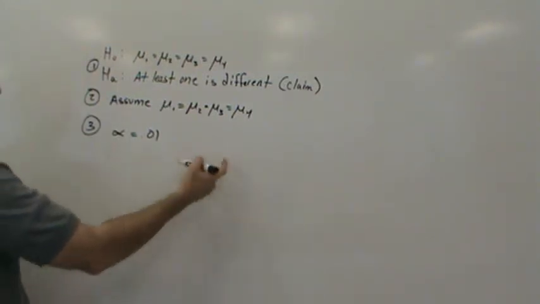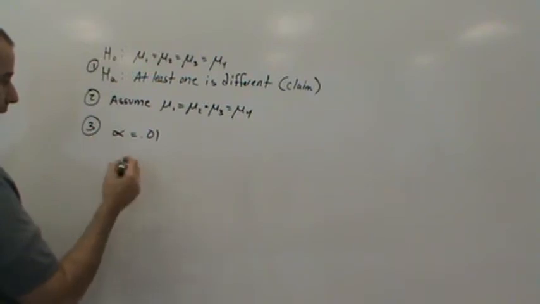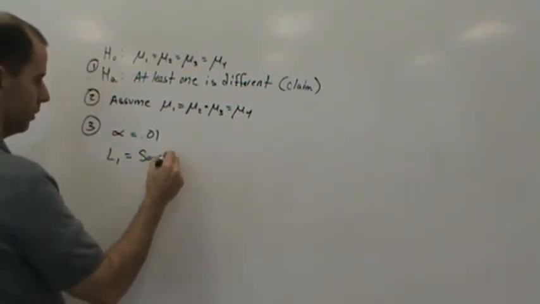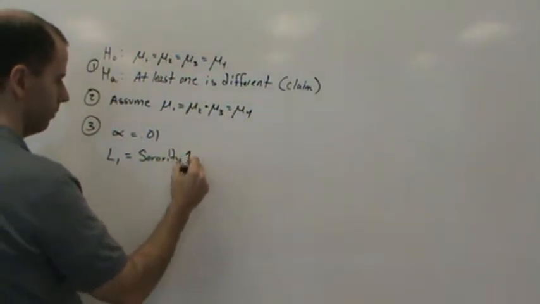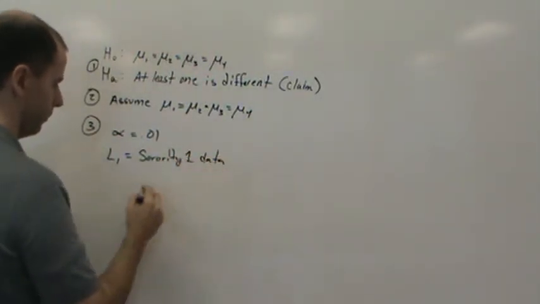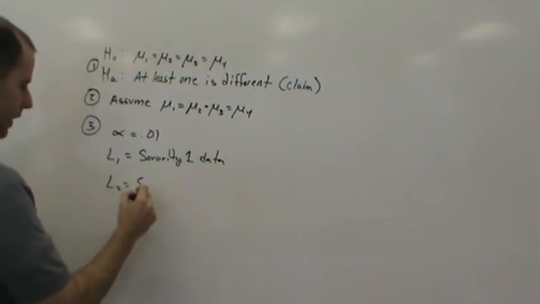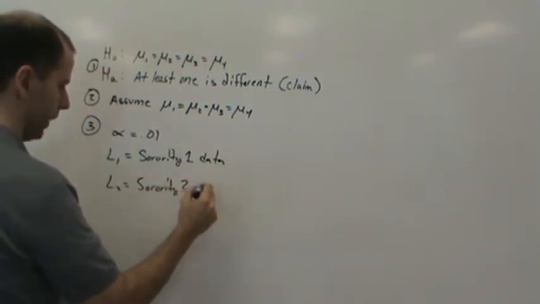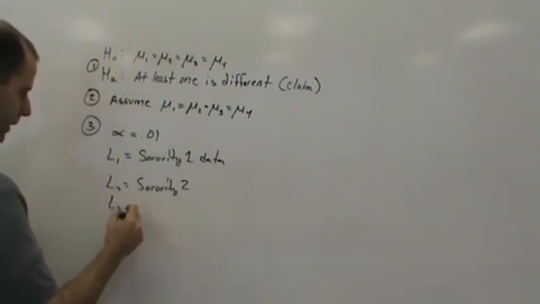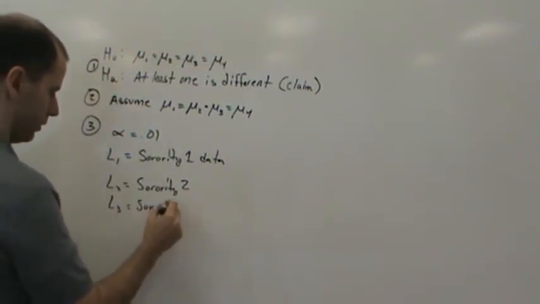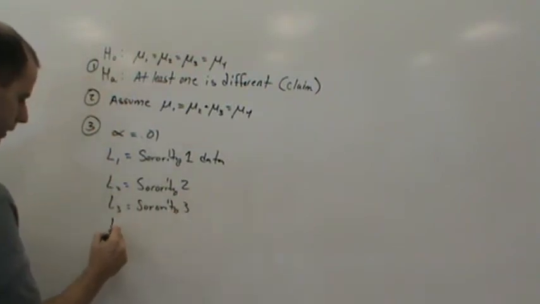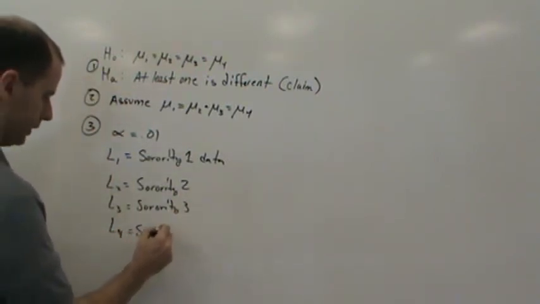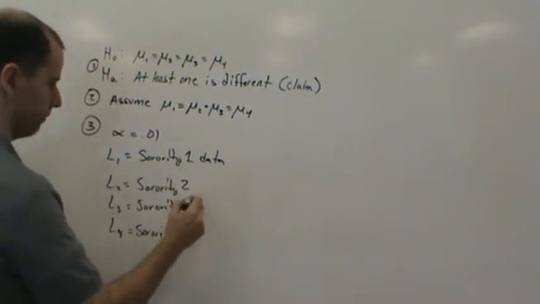And here's where I would just write out my data. L1 is my sorority 1 data, L2 is my sorority 2 data, L3 is sorority 3, and L4 is my sorority 4 data.